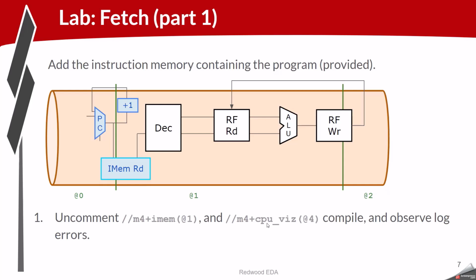So we're not assigning those signals. Compile it anyway, take a look through the log, and look at the errors that you're getting as an indication of what signals are provided by the instruction memory interface that you're not assigning. And then for the next slide, we'll fix those issues.